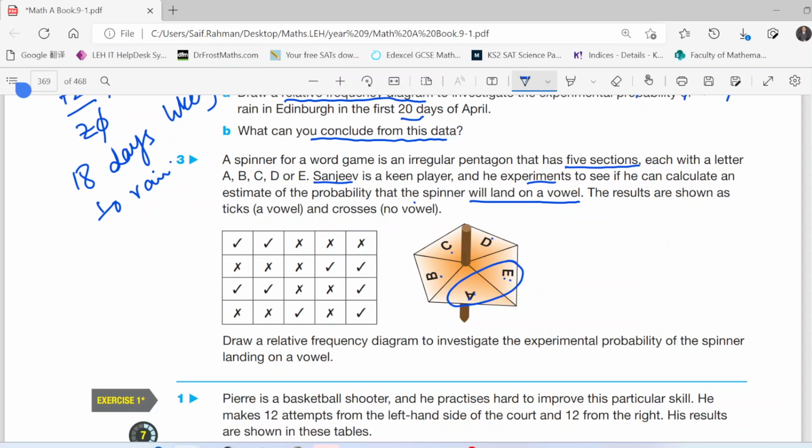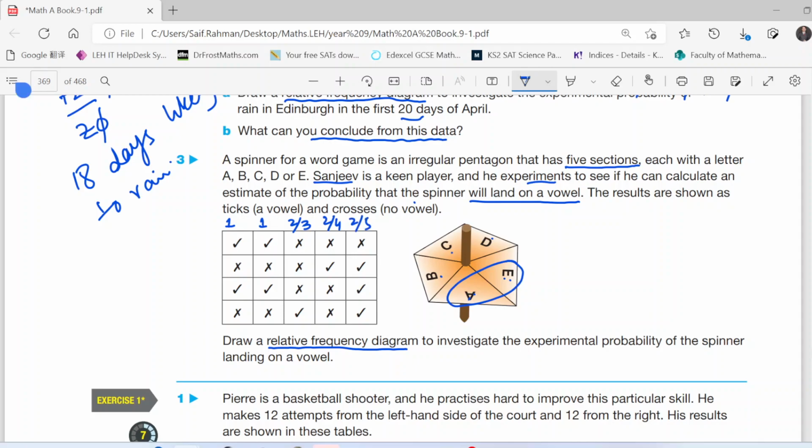So we should first find the results, and the question is to draw a relative frequency diagram. For drawing the relative frequency diagram, the procedure is the same as before. For the first experiment the result is 1, for the second the result is also 1, for the third one, 2 out of 3 times it is a success, for the fourth 2 out of 4 times a success, for the fifth 2 out of 5 is a success.